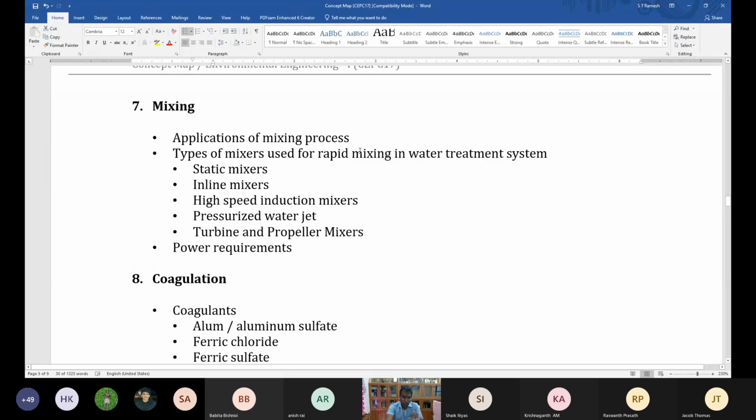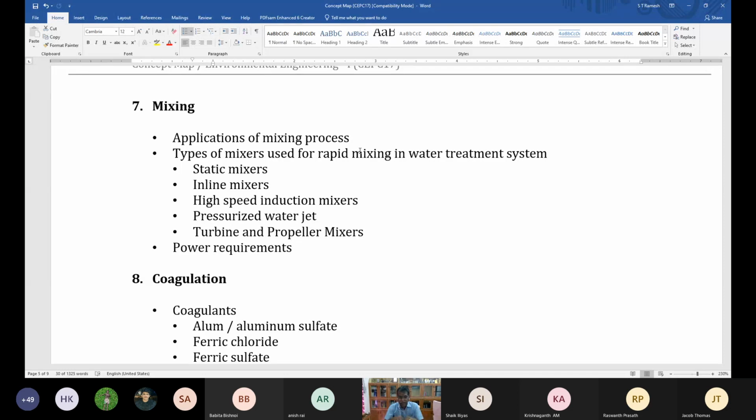Once the layout diagrams are fixed and you have a basic knowledge of how to pick the different treatment options, we'll move on individually to the different treatment options. The first treatment option is mixing.